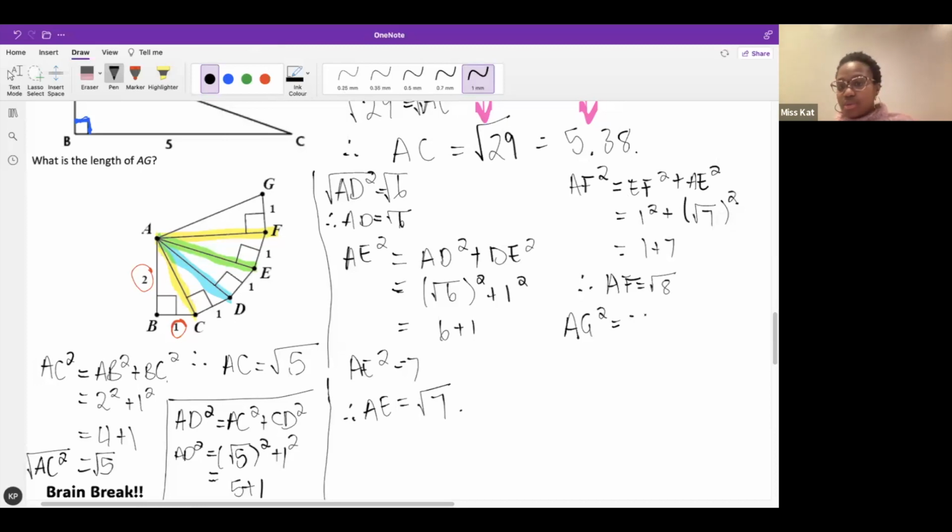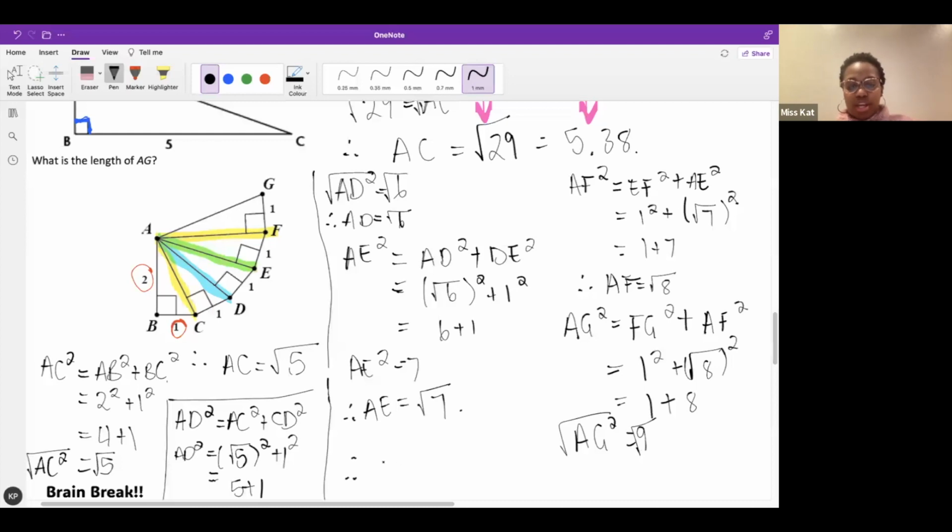AG squared is equal to FG squared plus AF squared. So that's 1 squared plus root 8 squared. So that's 1 plus 8, right? So AG squared is 9. Square root both sides. Therefore, AG is how much, guys? It's 3.